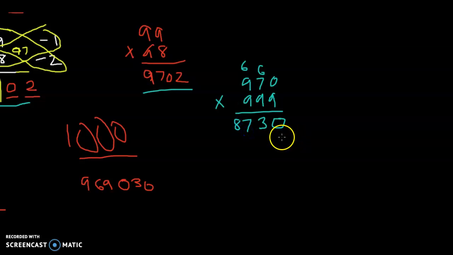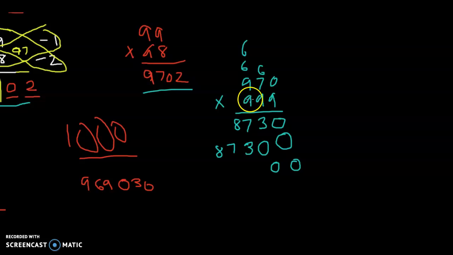Then we add our beloved placeholder. 9 times 0 is 0. 9 times 7 is 63. 9 times 9 again is 81 plus 6 is 87. And then we add 2 placeholders.